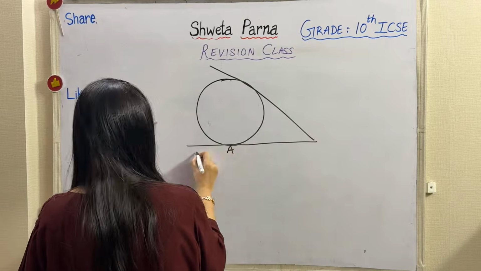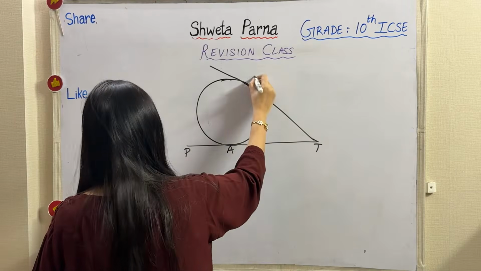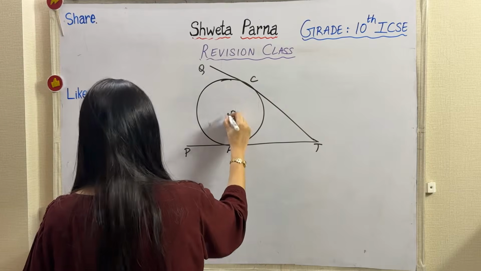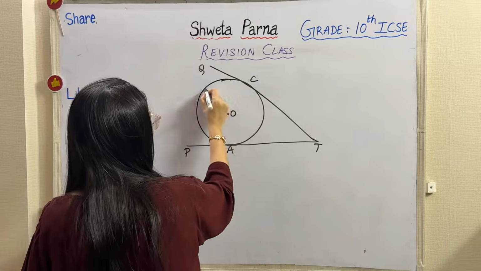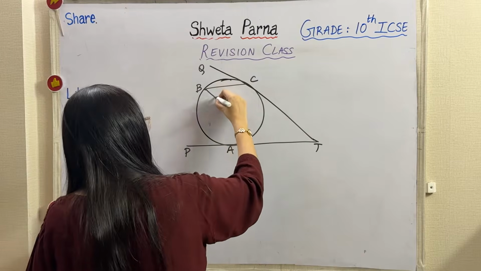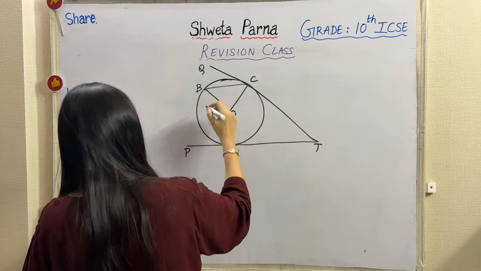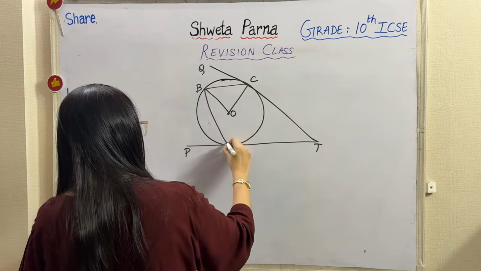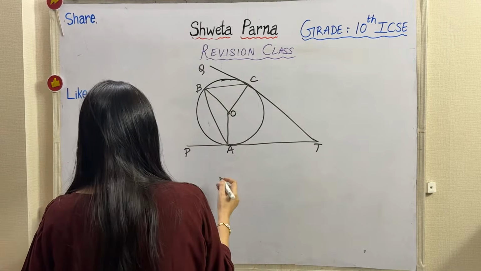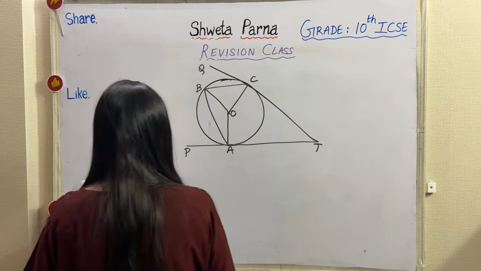A, B, A. This is C, this is Q. Center of the circle is O. Now TP and TQ are the tangents given.